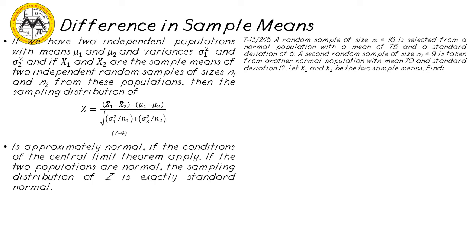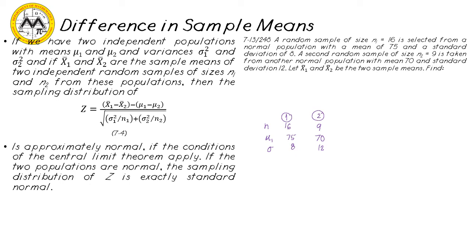Let's have an example. A random sample of size n1 is equal to 16 is selected from a normal population with mean mu of 75 and standard deviation 8. So this is for sample 1. A second random sample of size 9 is taken from another normal population with mean 70 and standard deviation 12.